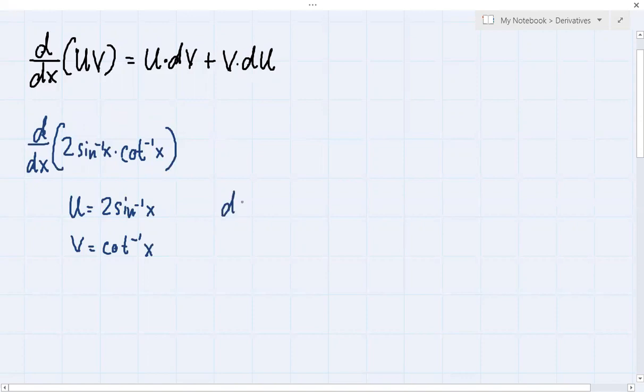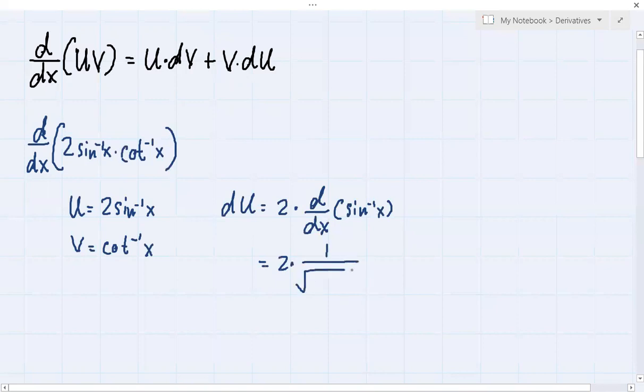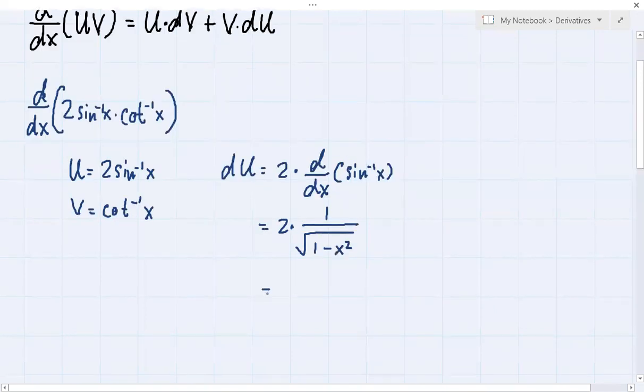Now, let's get the derivative of u, or the derivative of 2 times arcsine. We have 2 times the derivative of arcsine, and recall that the derivative of arcsine is 1 all over the square root of 1 minus x squared. So 2 times that gives us 2 over the square root of 1 minus x squared.